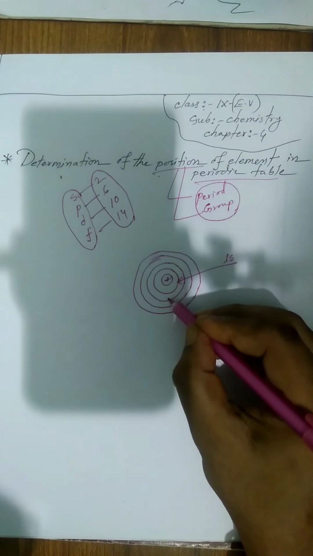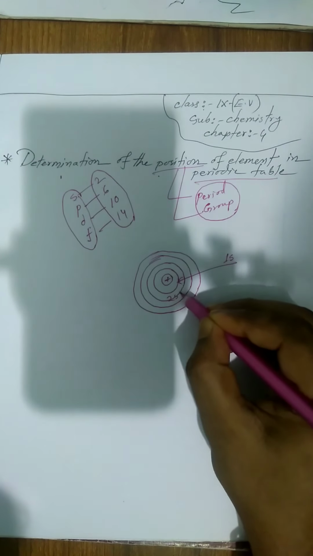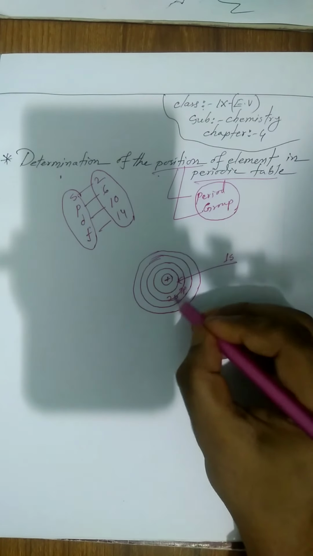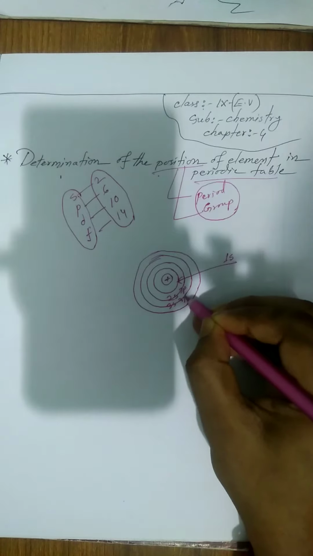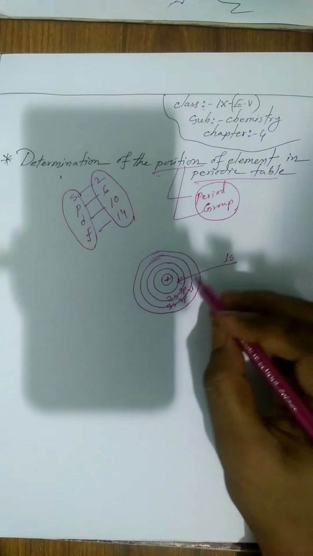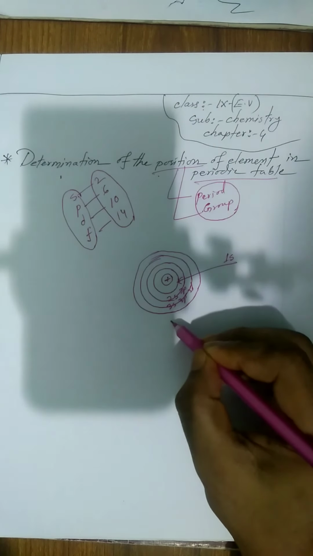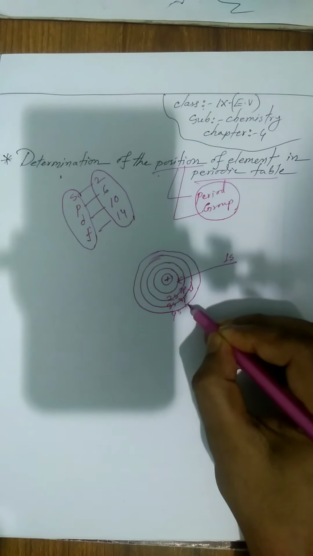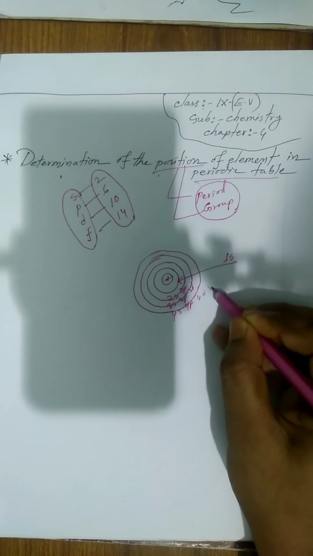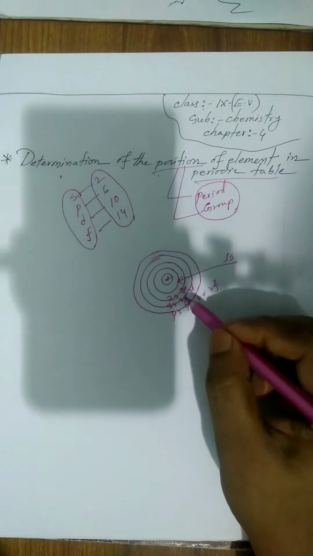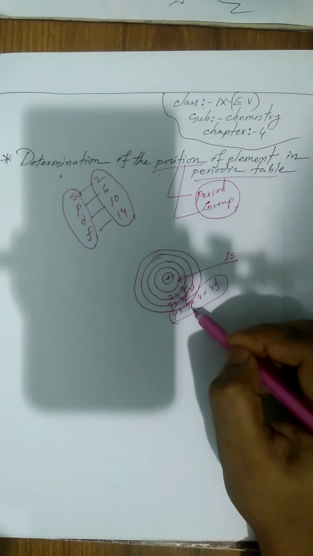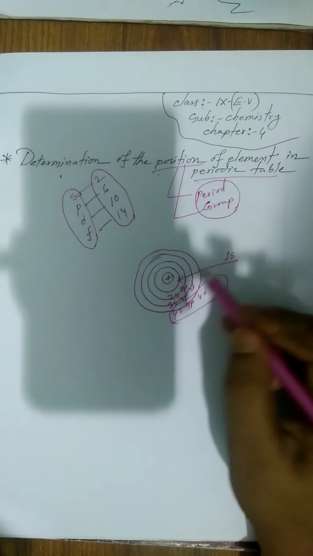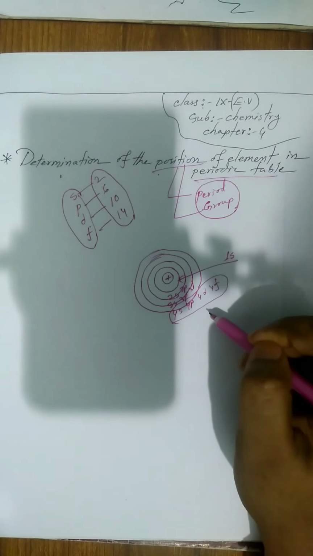In the second orbit 2s and 2p orbitals are present, in the third orbit 3s, 3p, 3d orbitals are present, and in the fourth orbit 4s, 4p, 4d, 4f orbitals are present. These are the orbitals in each individual orbit.